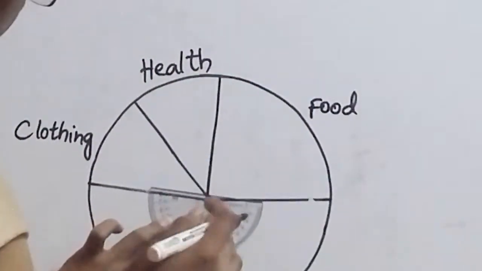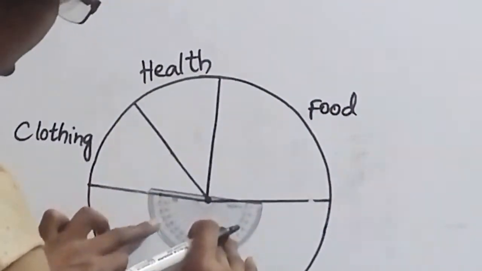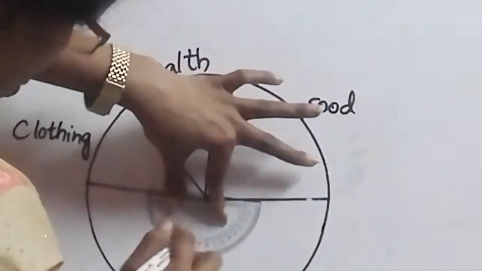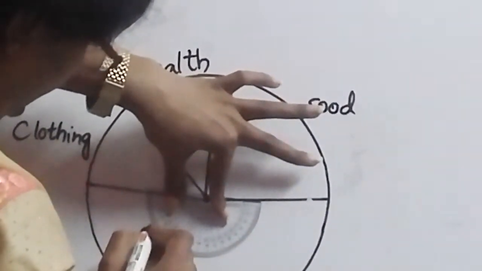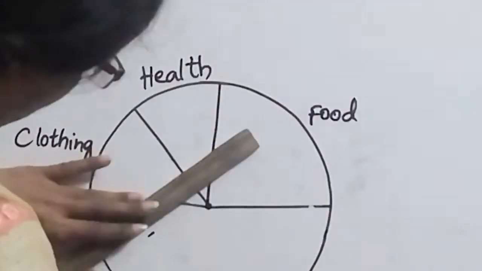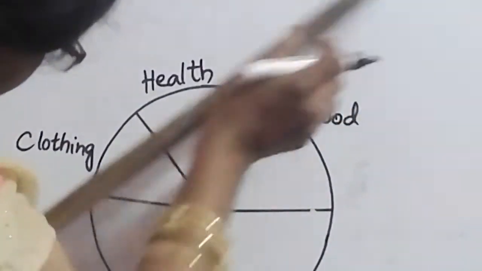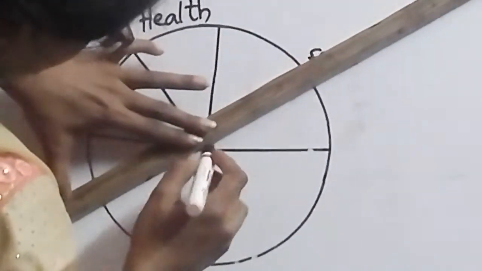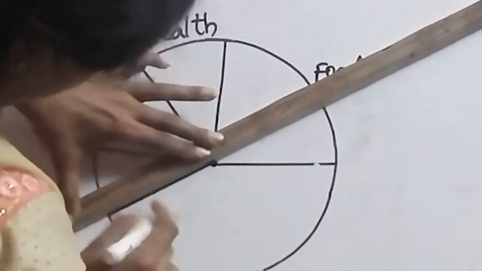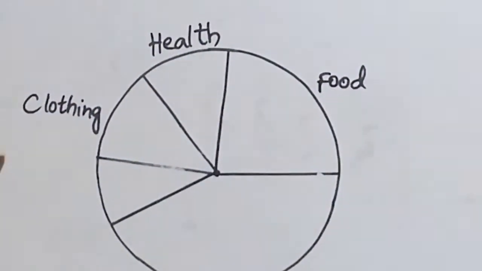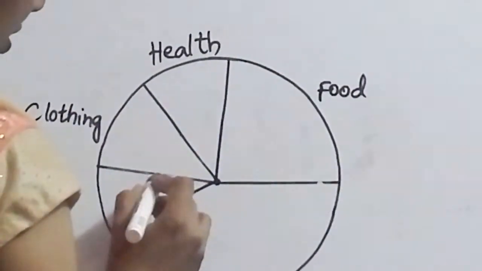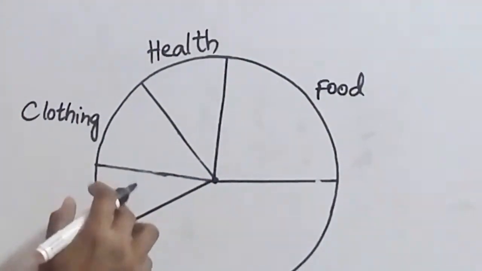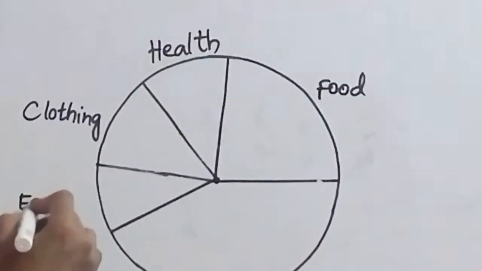Now mark 27. Here 20, 10, 27. After the long line 27 is there. Mark 27. Draw the line. So here it is 27. 27 is education.